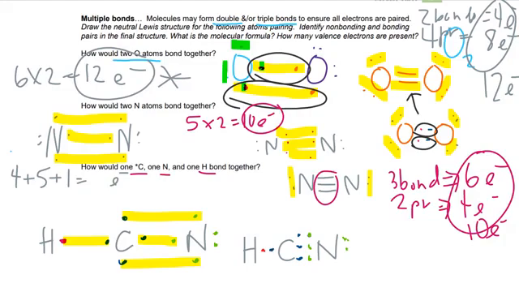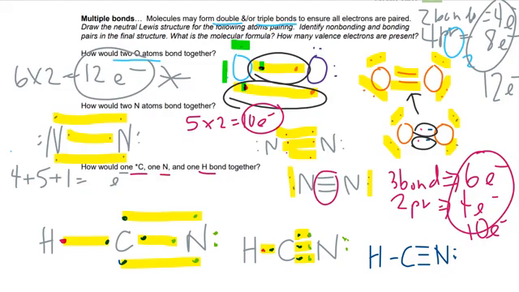So this is how my dot diagram is going to look, which then shows us how that forms the triple bond. If I draw this out, I'm going to have H bonded to C, which is triple bonded to N with its lone pair. Now let's count and make sure that we have the correct number of electrons.